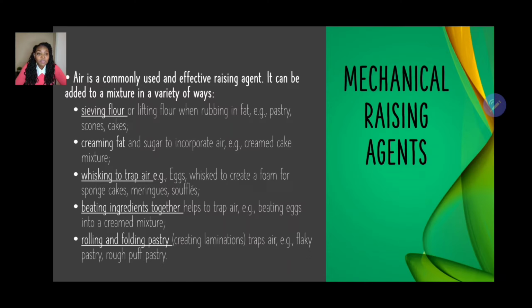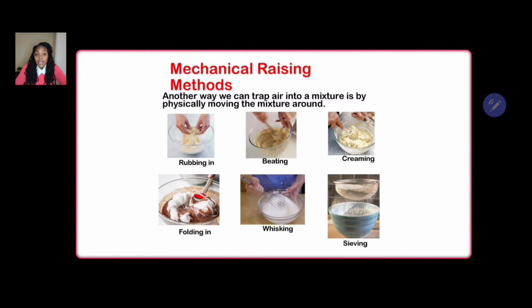Good. Now, mechanical raising agents are also known as physical raising agents, because we actually do the physical work to trap the air into the product or to aerate the product. And just to review, these are rubbing in, which is rubbing fat into the flour, so when we lift the flour and we rub between our fingertips, beating, as well as creaming, folding in, whisking, and also sieving.